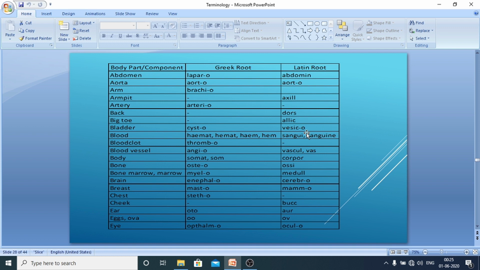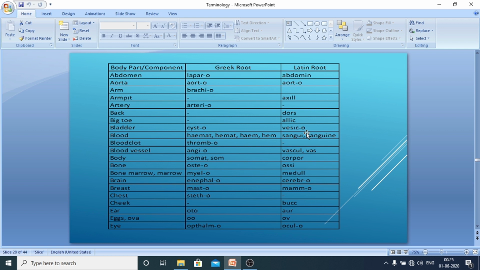Now we'll go through the Greek and Latin root words of the body parts and their components, and here also I'll guide how to read this in an easy way. The Greek root word of abdomen is laparo, and the Latin root word is abdomen.